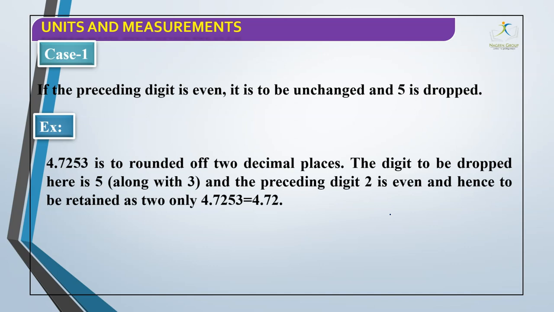The digit to be dropped here is 5 along with 3. The preceding digit is 2, which is even, and hence it is retained as 2 only, giving 4.72. Now again I want to elaborate on what we actually did.